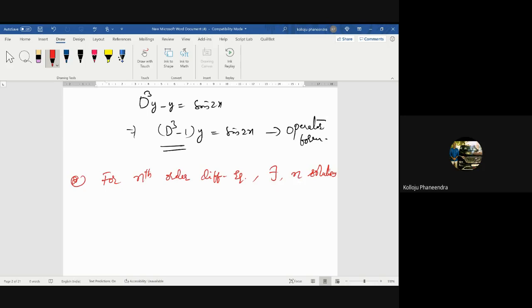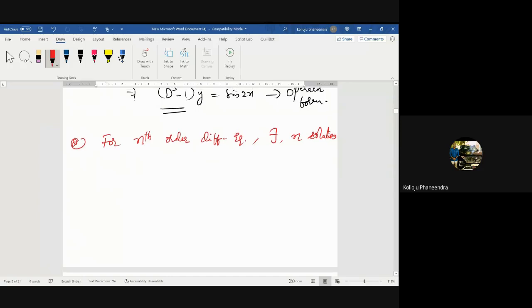For a second order differential equation, there exist 2 solutions, like that. Then let f1(x), f2(x), and so on, fn(x) be the n solutions of equation 1.